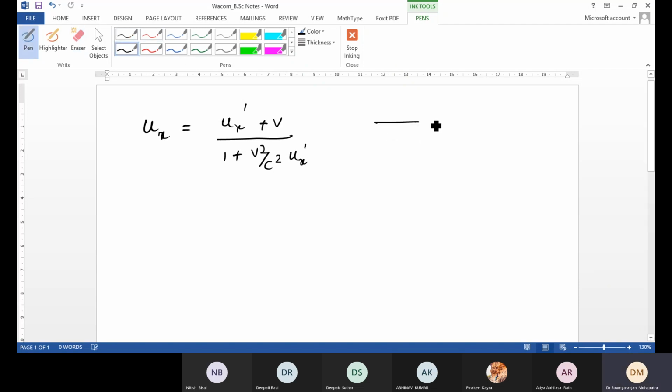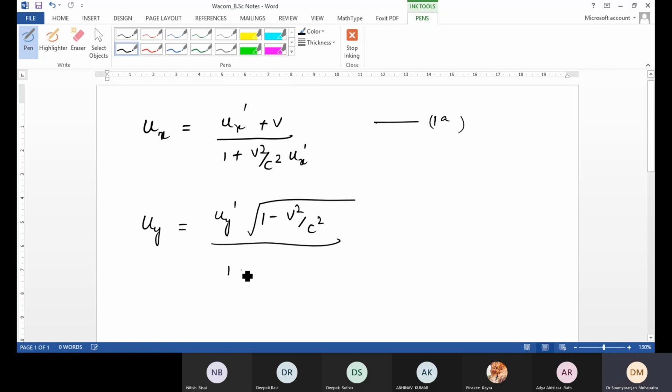Let's say this is equation 1a. Similarly, for uy, it was uy prime times root over 1 minus v square by c square, divided by 1 plus v by c square ux prime. I have made a small mistake.